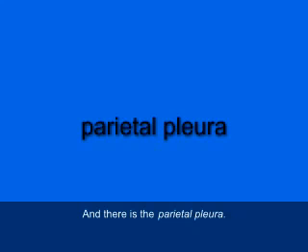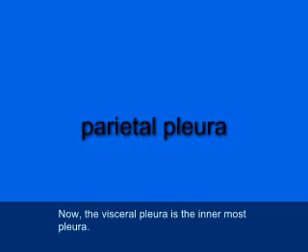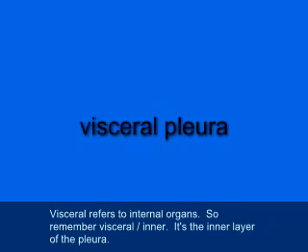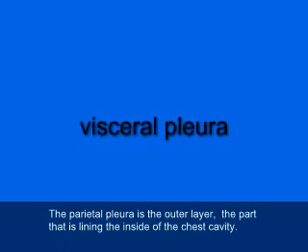Now, the visceral pleura is the innermost pleura. The visceral refers to internal organs. So remember, visceral inner, it is the inner layer of the pleura. The parietal pleura is the outer layer, the part that's lining the inside of the chest cavity.